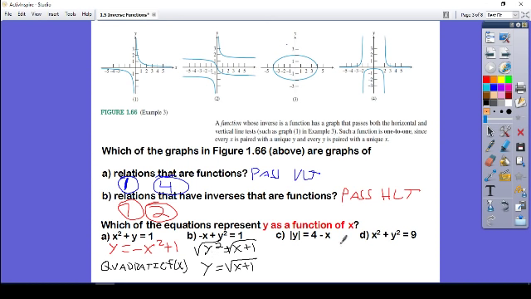All right. The absolute value of y is equal to 4 minus x. So this is a situation where you have an absolute value function, but notice that the y is an absolute value instead of the 4 minus x. So this is not going to be y as a function of x.